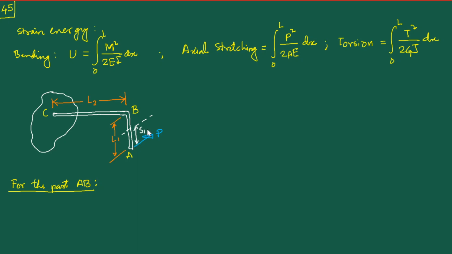So this is S1. And now if I take the free body diagram of this, you understand that this has very much a circular cross section. So I have this force P acting at this end.